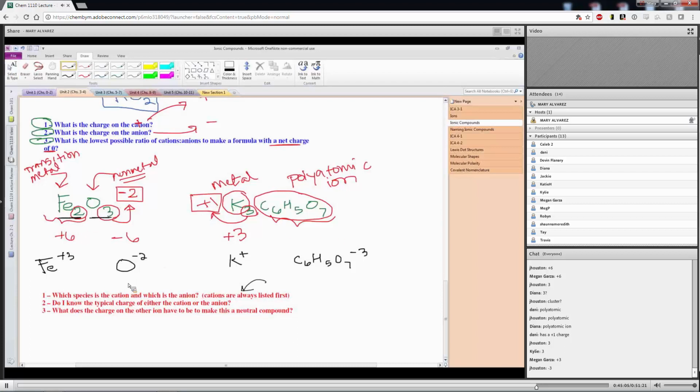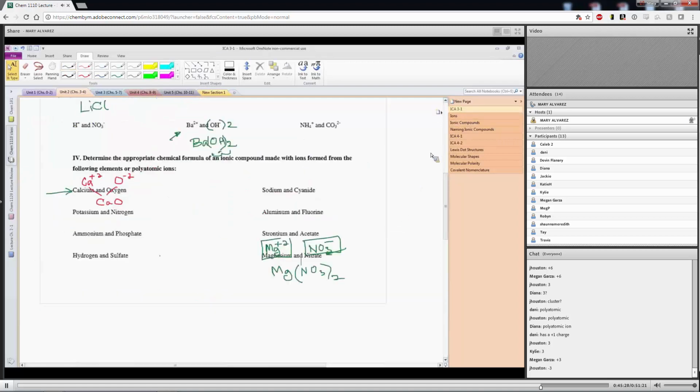And then, what do I know? On either the cation or the anion, here we knew what the cation was. Here we knew what the anion was. And then step 3, therefore, what did this charge have to be in order for this to be a neutral compound, by definition?